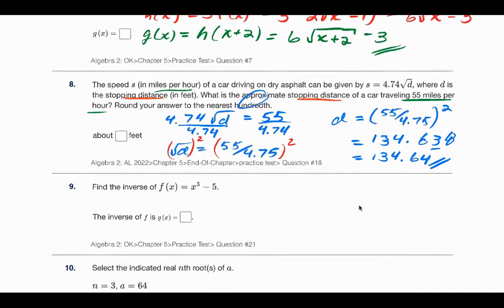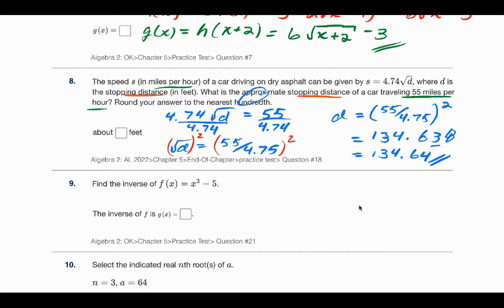Okay. Number 9 is find the inverse of f of x is equal to x cubed minus 5. So remember, on this one here, what they told you to do is they told us to take that f of x, and we're going to call it y. F of x is just a fancy way of writing y. We know that.